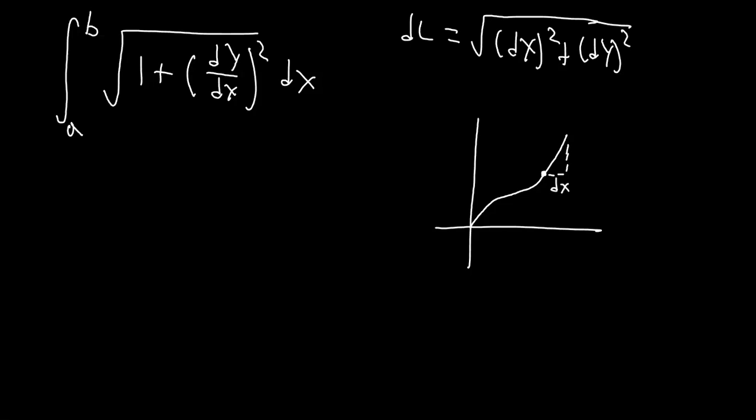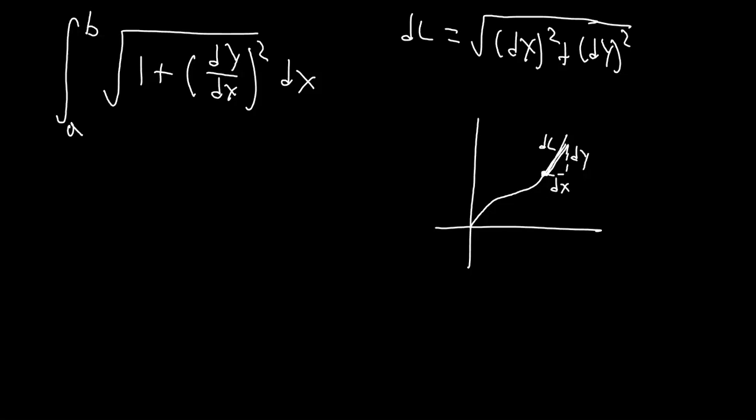As a result, it would have a very small dx direction in magnitude and a very small dy direction in magnitude. Meaning its length would be, sorry, dl here. Its length would be dl, and dl again is a very, very small distance.